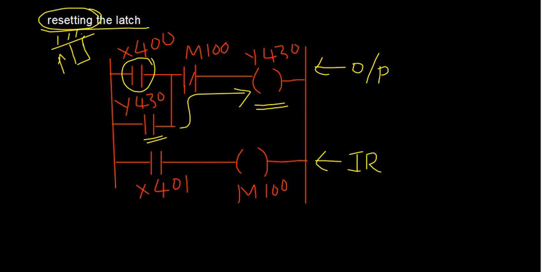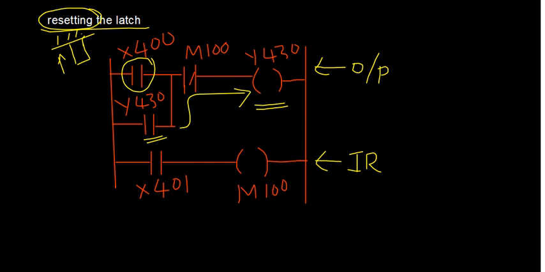Now, here when X400 in this example is momentarily closed, then it is quite easy and understandable that your Y430 exists, right? And now since Y430 exists, it closes the contact of Y430 at the input, and the output remains even when you take off the input X400, right?